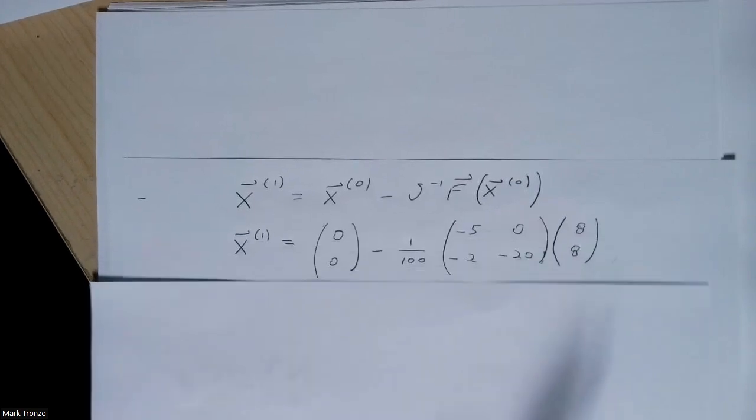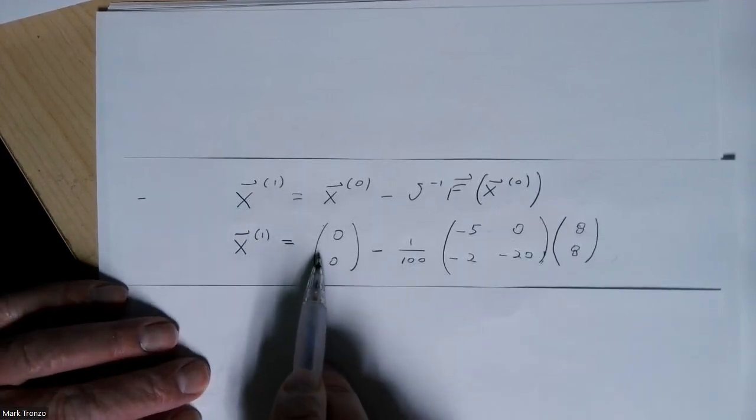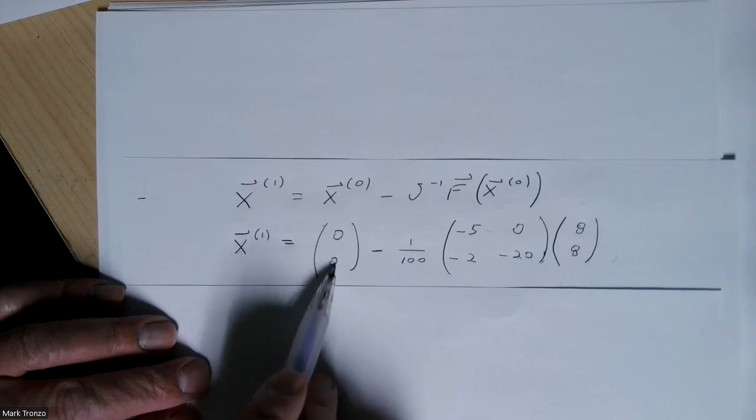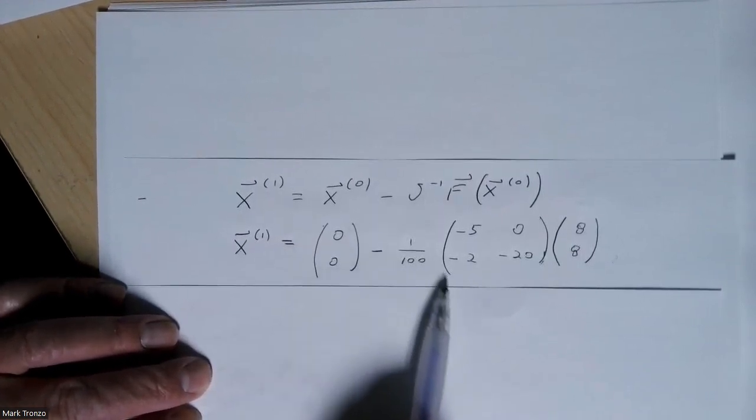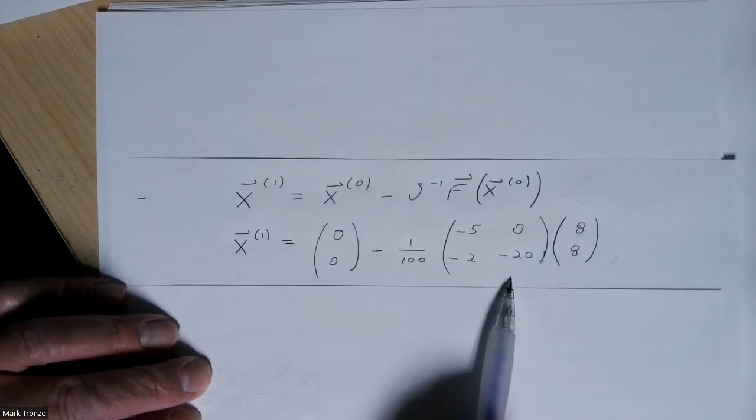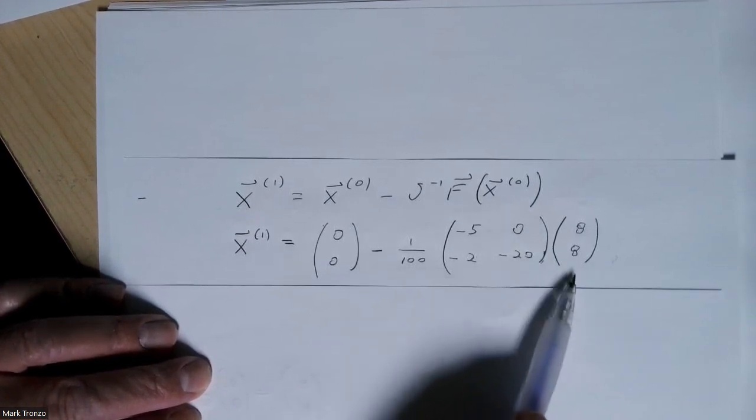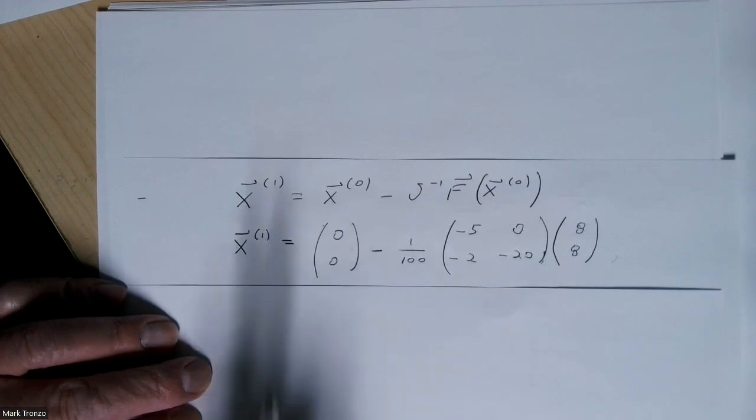So let's plug all those in. Our initial guess was x naught. So that's going to be our 0, 0 here. This is our Jacobian we just calculated. And this was our function evaluated at x naught.